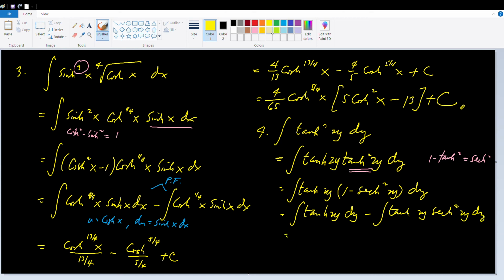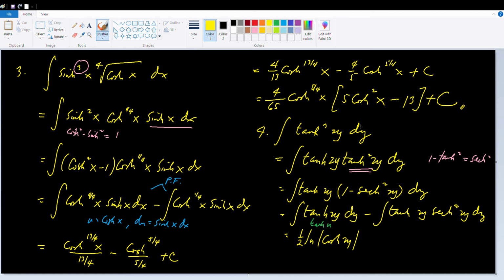So the first integral is of the form hyperbolic tangent u. And what is the integral of hyperbolic tangent? That is ln of hyperbolic cosine of 2y, and because of 2y, the differential is 2 dy, so there will be a 1/2 in our answer.